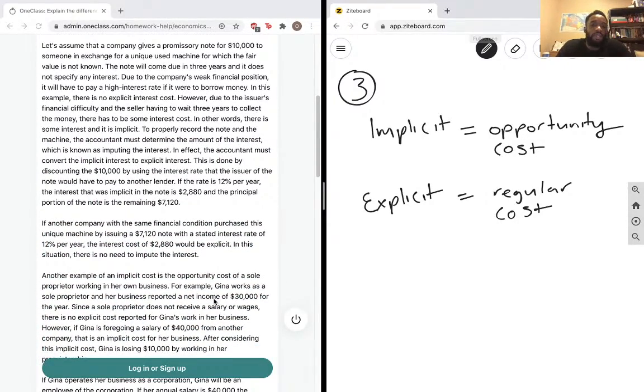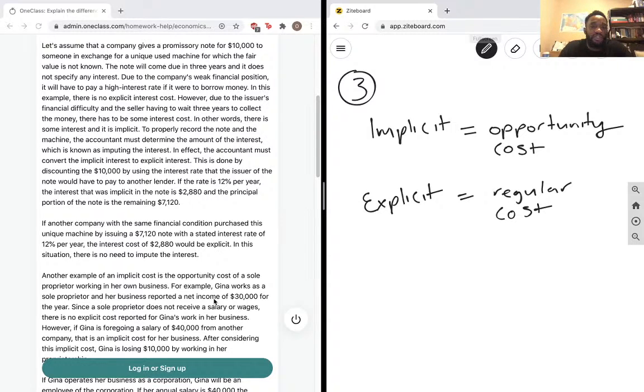Let's assume the company gives a promissory note for $10,000 to someone in exchange for a unique used machine for which the fair value is not known. The note will come due in 3 years and it does not specify any interest.